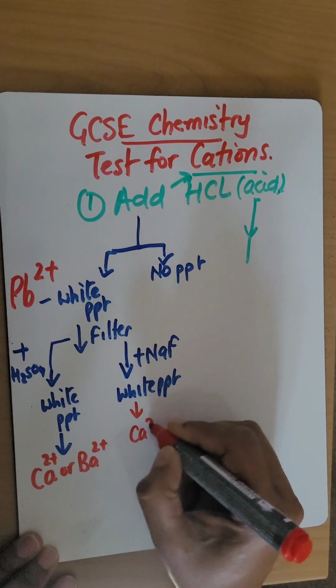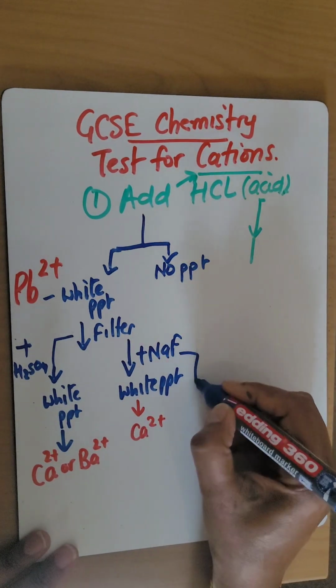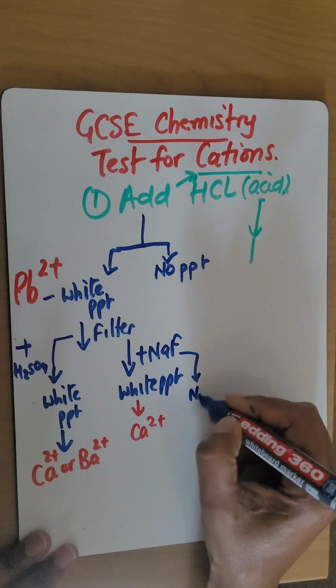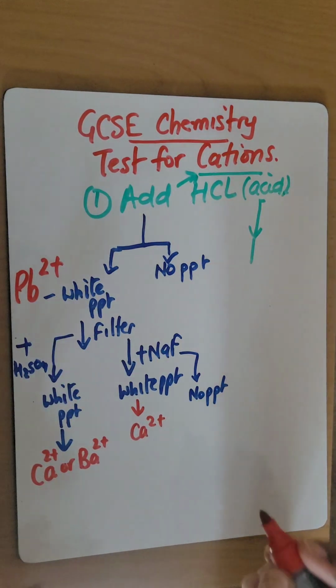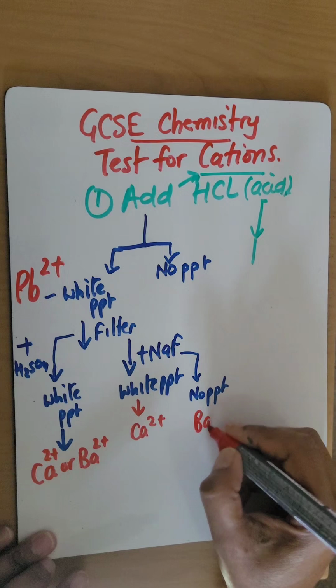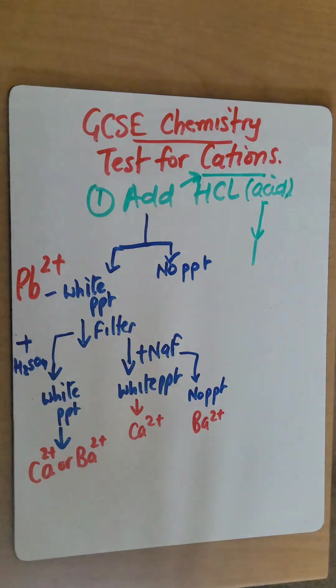That's to find out what ions I have. And if I do not get a precipitate with the sodium fluoride, then it's basically telling me it's got barium ions. So equally, you can add sulfuric acid, and if it tests positive, you can go that way too.